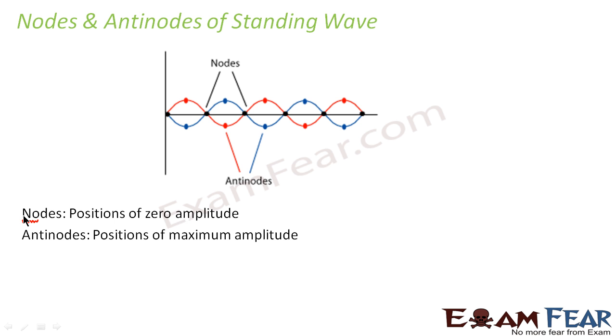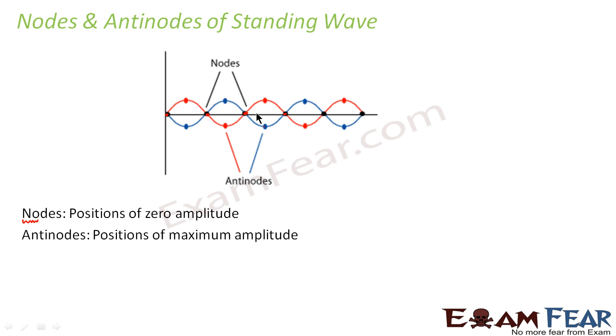If you look at this diagram, you can see that the black dots are the positions of zero amplitude, whereas these dots are the positions of maximum amplitude, that is antinodes. So the blue and red points represent antinodes and the black dots represent nodes.